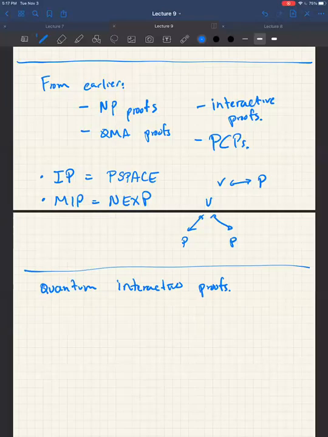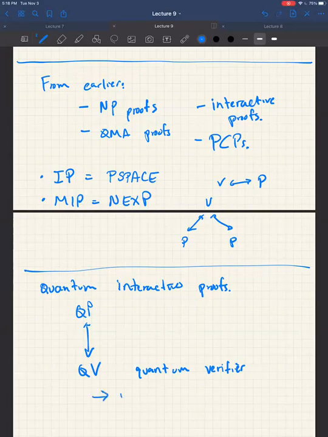What changes there? Let's say we have a quantum verifier, which I'll call QV, interacting with a quantum prover. They send messages back and forth, and at the very end the quantum verifier has to decide whether to accept or reject.